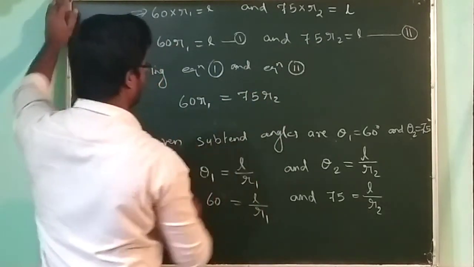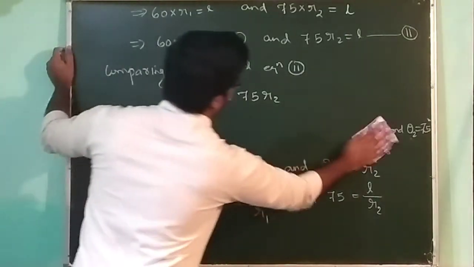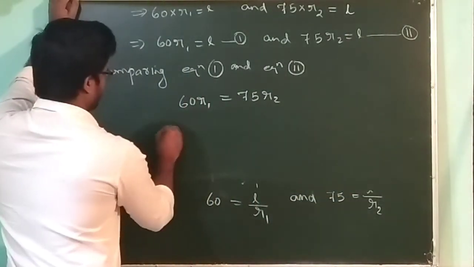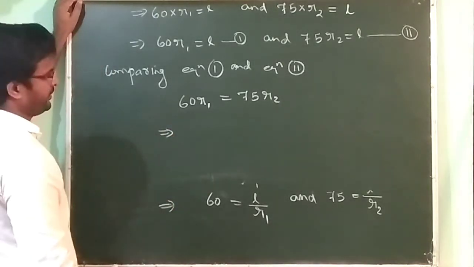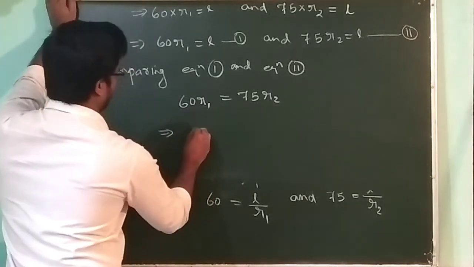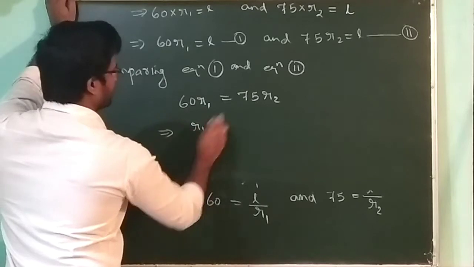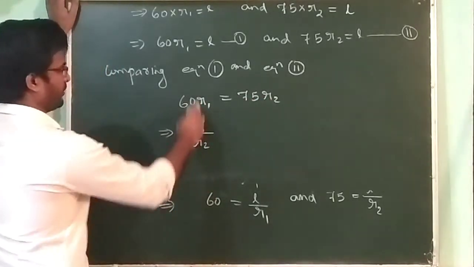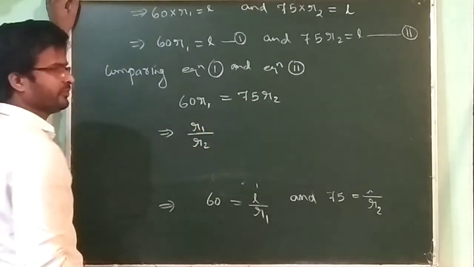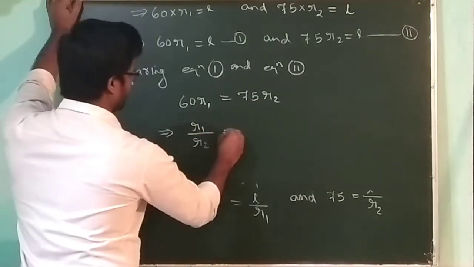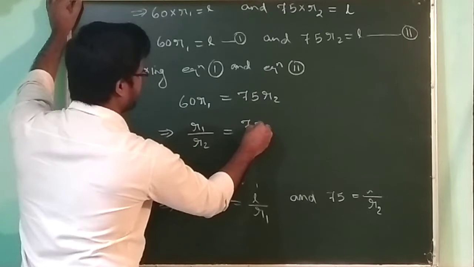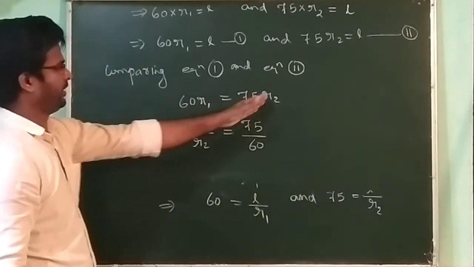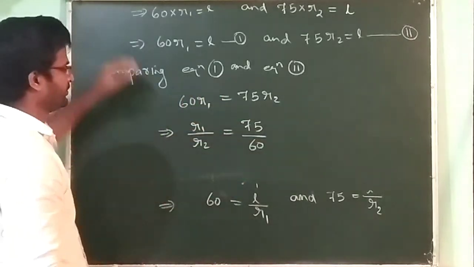Just equate left side and left side. Our question is to find the ratio of their radii. That means R1 divided by R2. R1 is already there; bring R2 to the left side, it will be divided by R2. Then what is remaining on the right? 75. The 60 comes to the right side. Interchange: R2 to the left side, 60 to the right side.